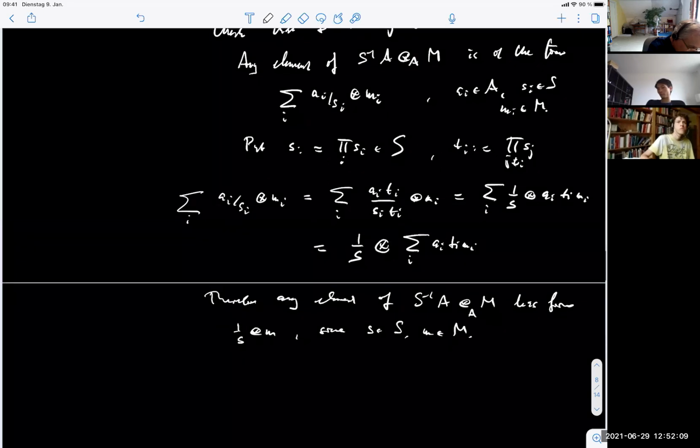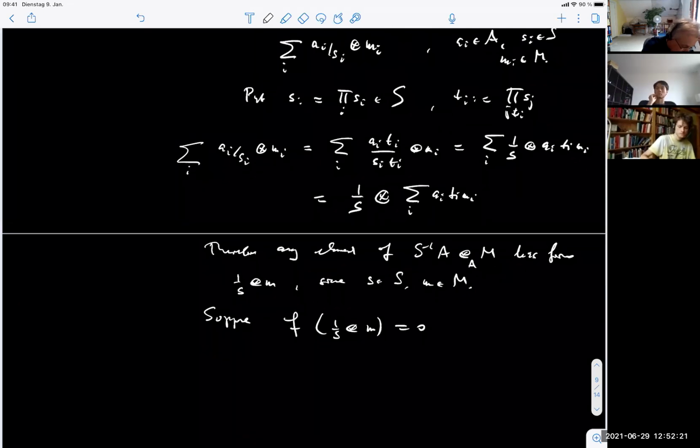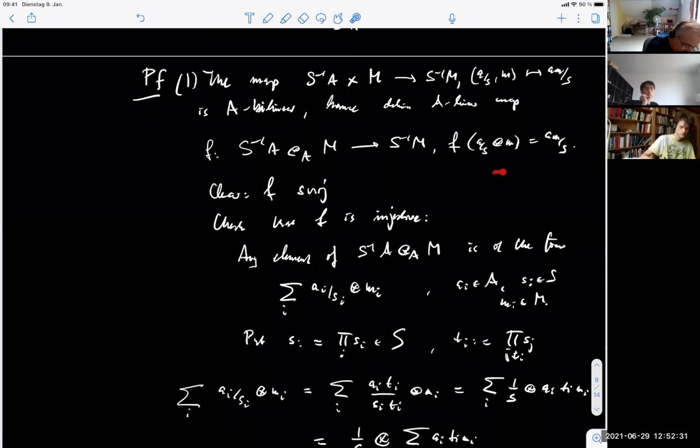Now assume I want to show injectivity of F. Suppose F maps this element to 0. Now we have to see what this means. If you haven't forgotten, what does the map do? Here is how the map is defined.